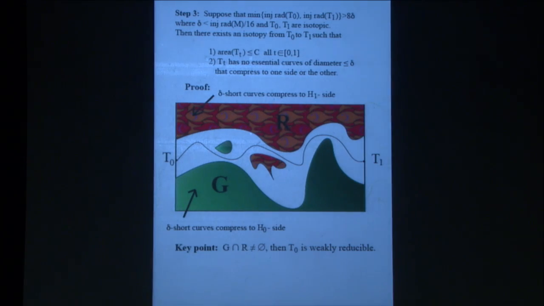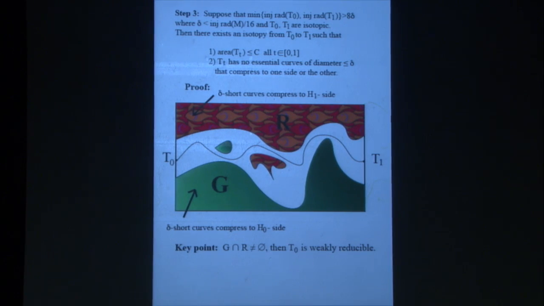Once you have that, here's how to find this bounded geometry isotopy from T0 to T1. Remember, all along the top are 1 complexes.